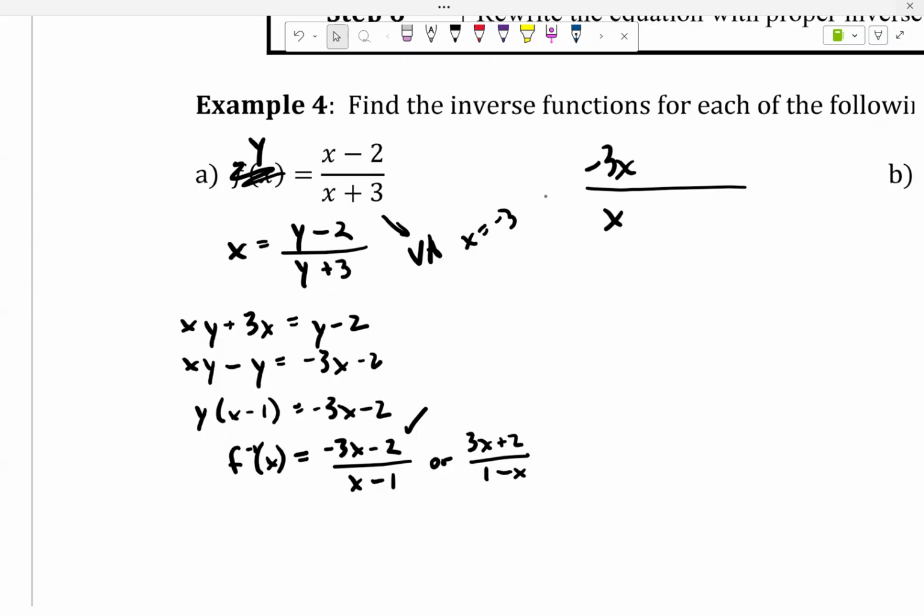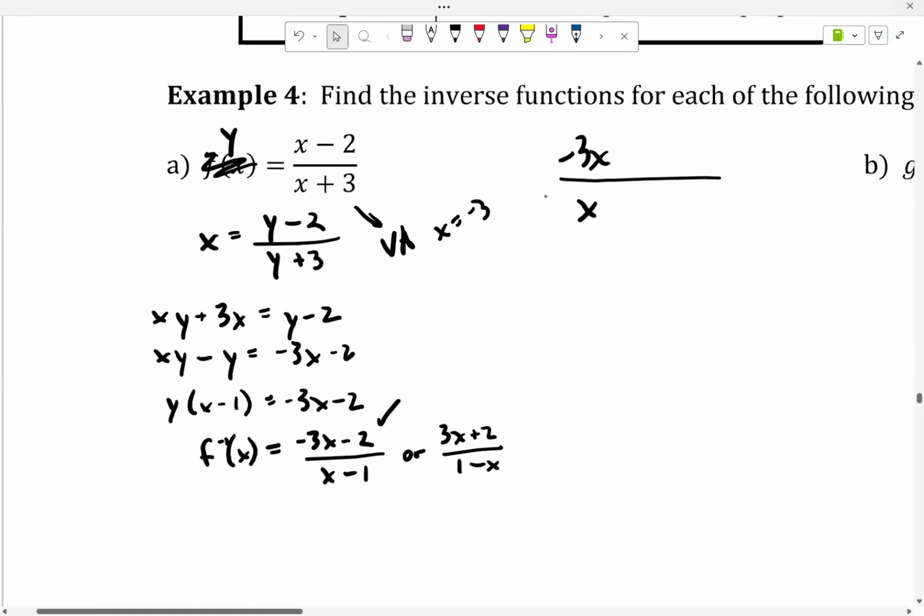The x intercept. What does that mean about it? It becomes a line.